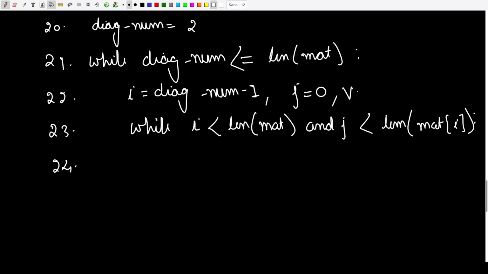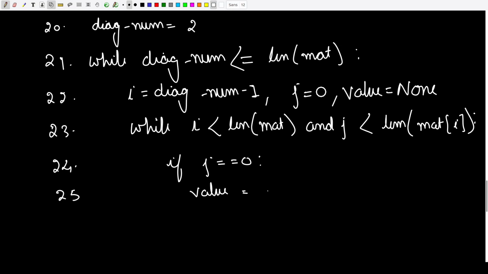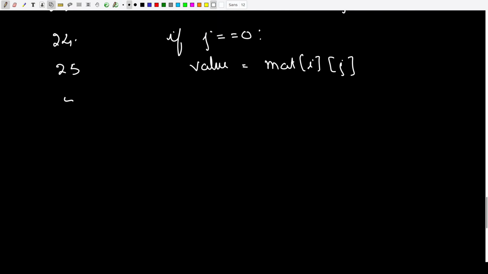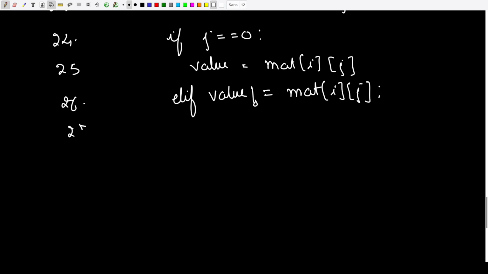So again, value will be there, and the initial value of value will be equals to none. If j is equals to 0, then in that case, let us initialize value. Value will be equals to mat of I comma j. Otherwise, if value is not equals to mat of I comma j, then in that case return false.